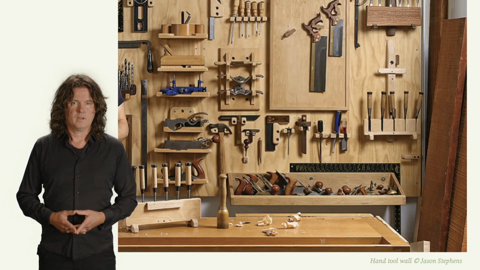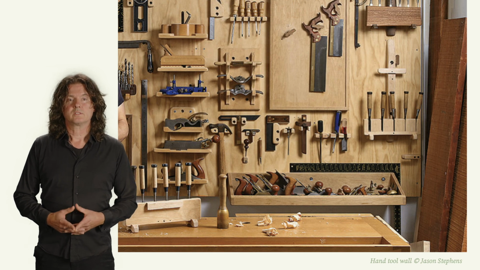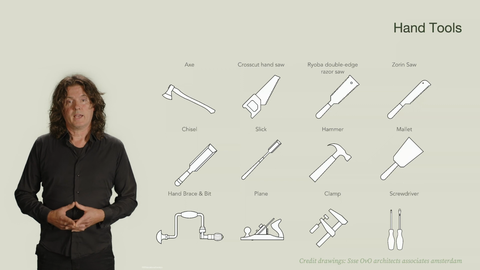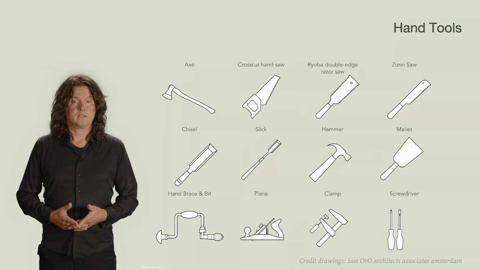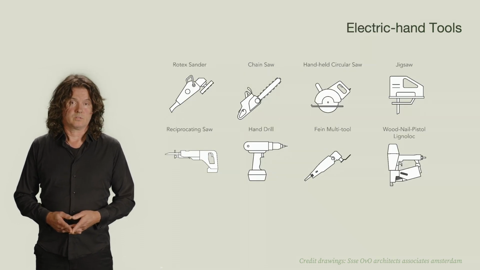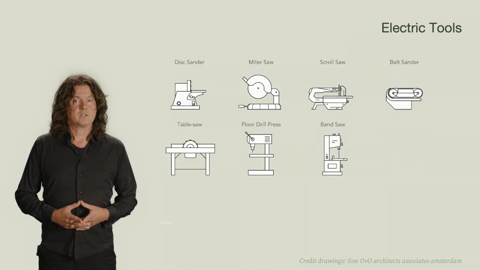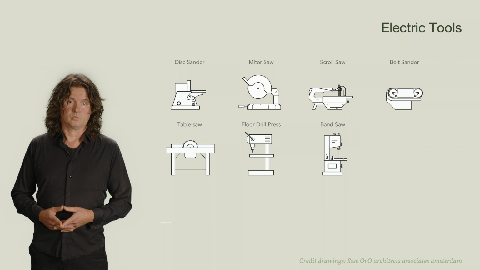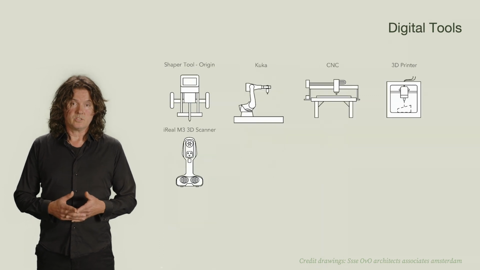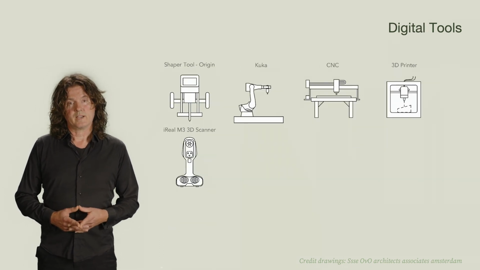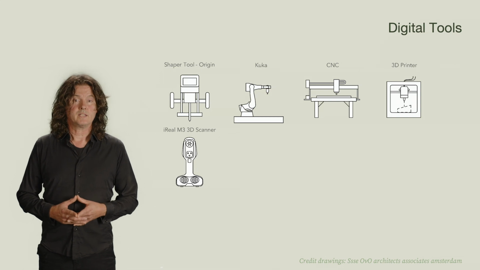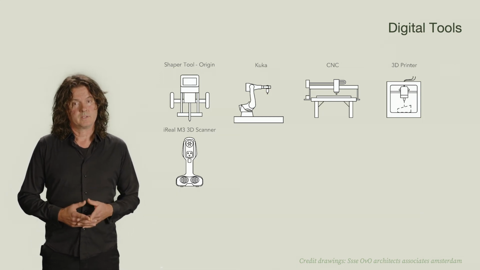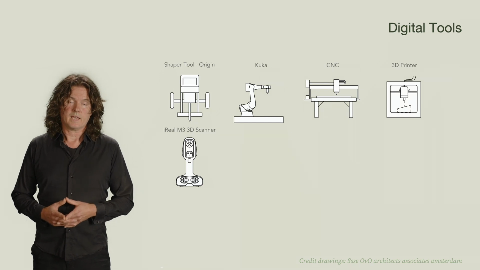Mass timber can be worked and crafted using both simple hand tools and electrical hand tools. For faster and heavy-duty work, there are larger electrical workshop tools and digitally guided tools that translate computer data directly into a machining process. With every step, there is an increase in precision and speed.